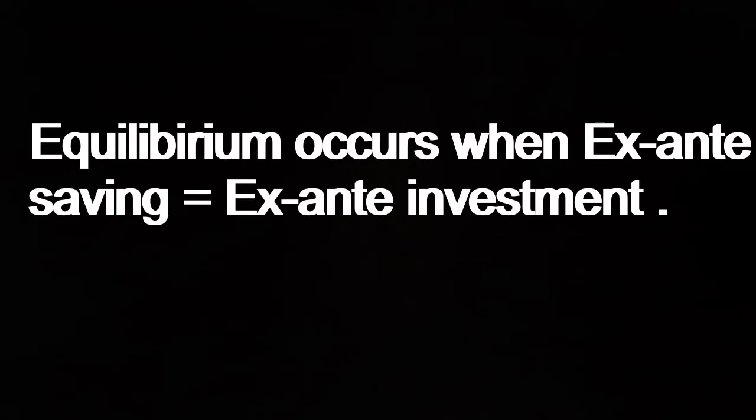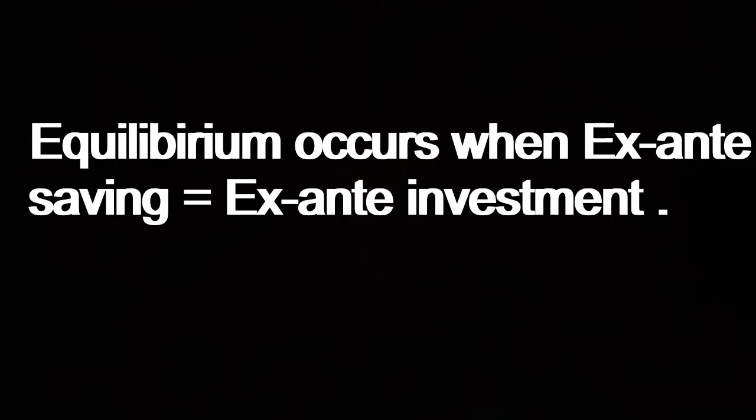So in an economy, equilibrium is determined when planned saving is equal to planned investment. Both these concepts are equal at an equilibrium level of income because generally saving is done by households and investment is done by firms. So savers and investors are different people with different priorities.